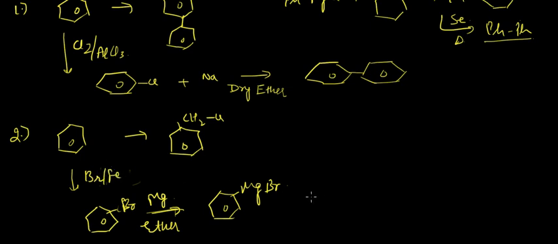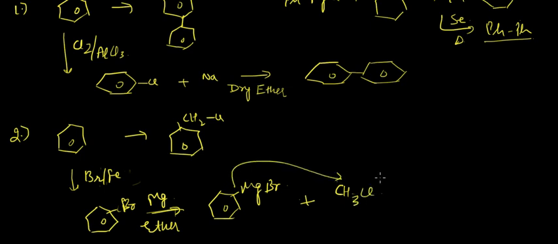So we can have something like this. This is a Grignard reagent, and then we can react it with CH3Cl.